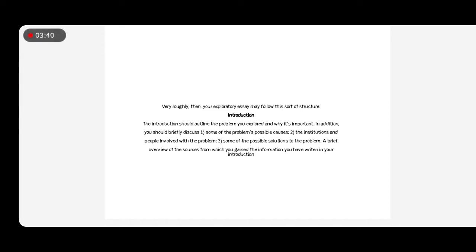So you just state whatever the question is. And then you can tell them why it is important that that topic be discussed. Remember not to go into too much detail at this point.